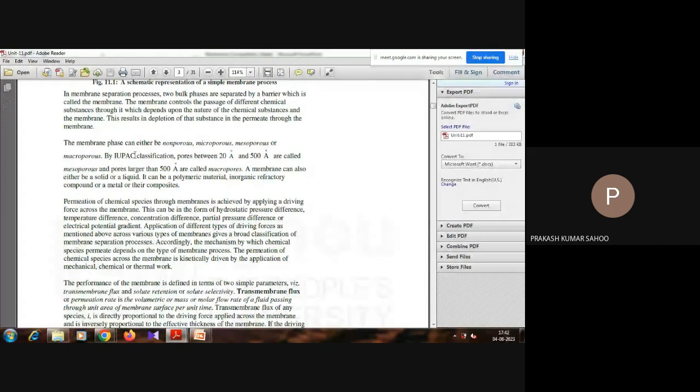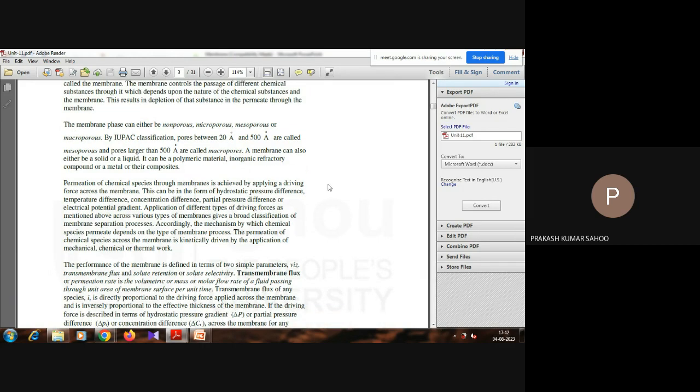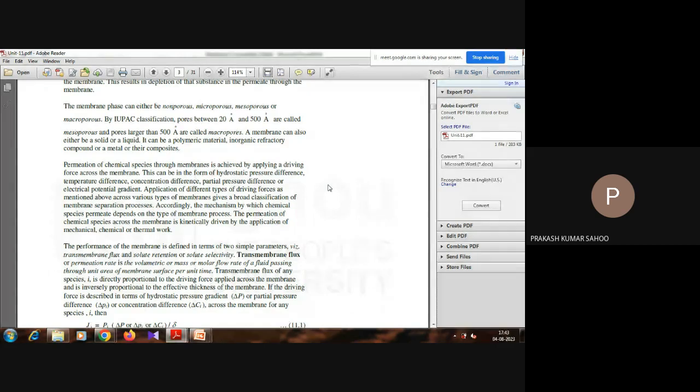The membrane phase can either be non-porous, microporous, mesoporous, or macroporous. By classification, if the pore size is between 20 angstrom to 500 angstrom, then it is mesoporous, and pore size larger than 500 angstrom is macroporous. A membrane can also either be a solid or liquid. It can be a polymeric material, inorganic refractory compound, or a metal or their composites.